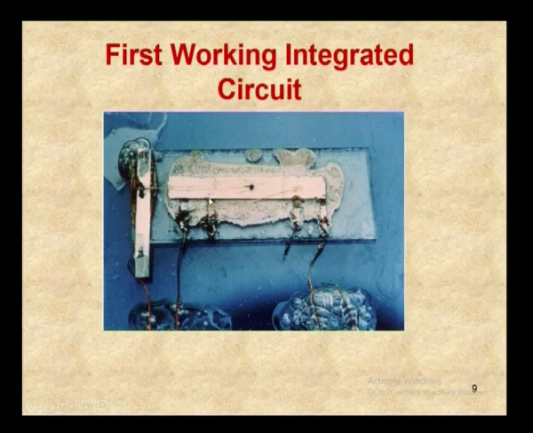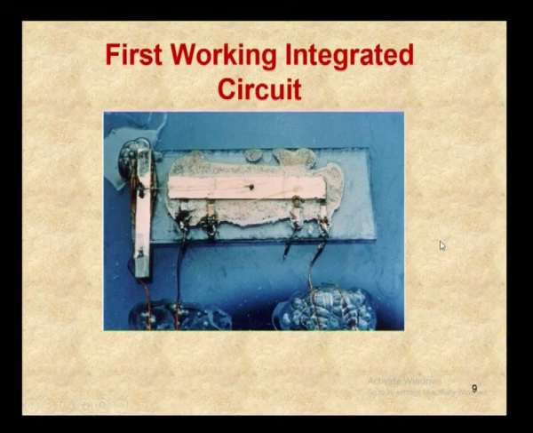He combined transistors and resistors on the same silicon die and made an integrated circuit. Instead of individual transistors, a complete circuit, say a digital circuit like an AND gate, NAND gate, or flip flops, was made. This was the first integrated circuit. This also, as you see here, looks quite big. At that time the technology was not that developed.